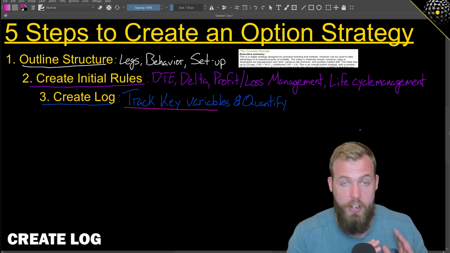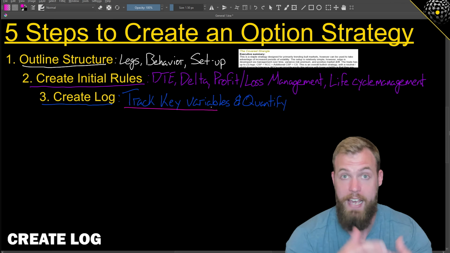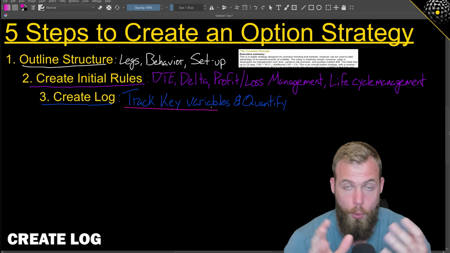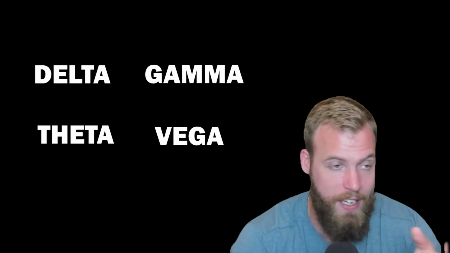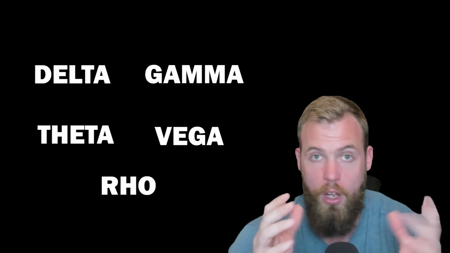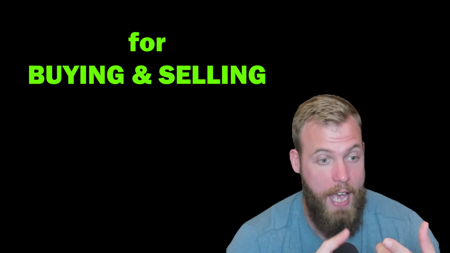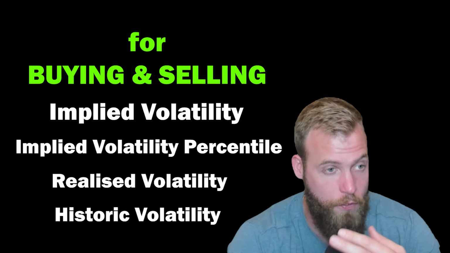So think about that very carefully, but some examples of what variables you'd want to track. I think all of the Greeks are a great starting point, the primary Greeks at least. So delta, gamma, theta, vega, rho if you're trading any sort of long dated options, but otherwise I wouldn't worry about rho. If you're doing any buying or selling, I would look at implied volatility percentile, realized or historic volatility.